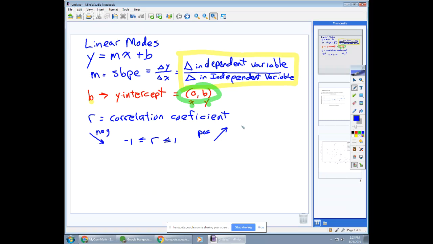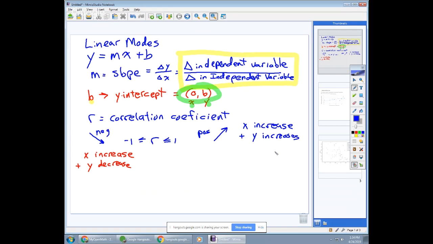So an uphill trend means that the independent variable is increasing, and so does the dependent variable. With a negative correlation, negative is not a bad thing here, it just means that as the x value increases, where your x's happen to be, the y values will decrease.